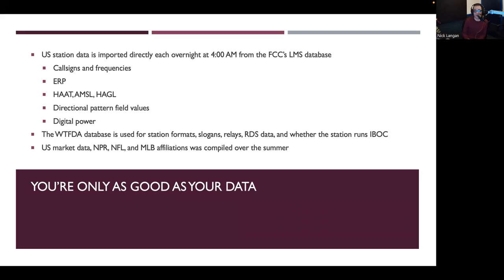He was my point person for the FCC's LMS database, where every broadcast entity is indexed. Everything you see in RadioLand as far as call signs, frequencies, ERP, antenna height, directional pattern field values, I'll get into that a little bit, and digital power for US stations, comes from LMS, and it's updated every night at 4 a.m. My server makes a call to the LMS website, updates the data, and reruns the script that updates my database.